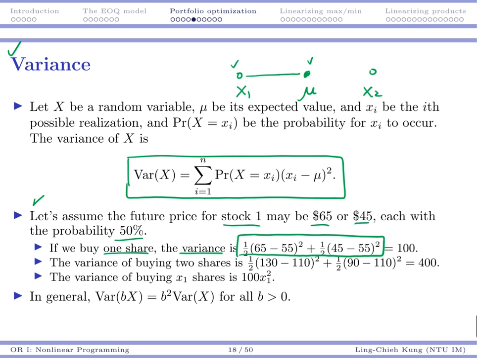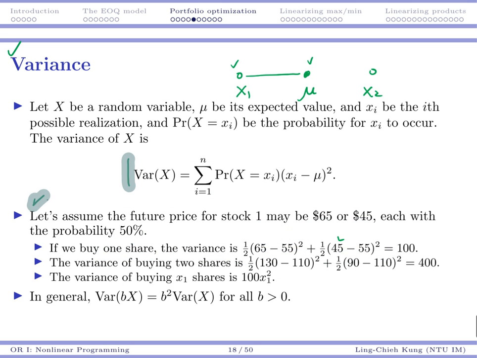Buying one share gives me either 65 or 45 for tomorrow, and the expectation is 55. According to this formula, using 1/2 as the weight, I get 100 as the variance of my revenue. If I buy 2 shares, the expectation becomes 110, and the 2 possible outcomes are 130 and 90.